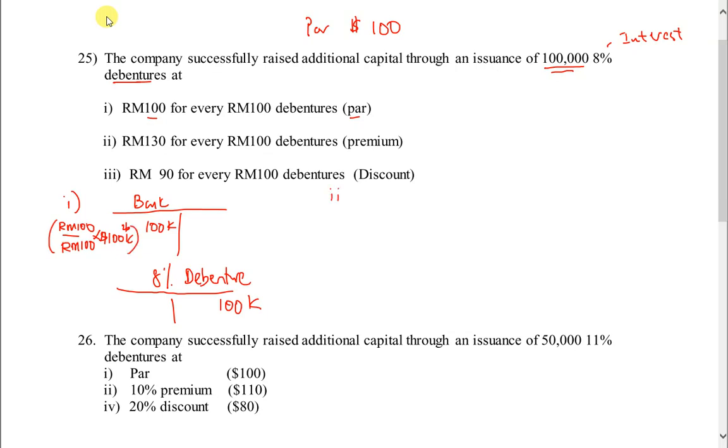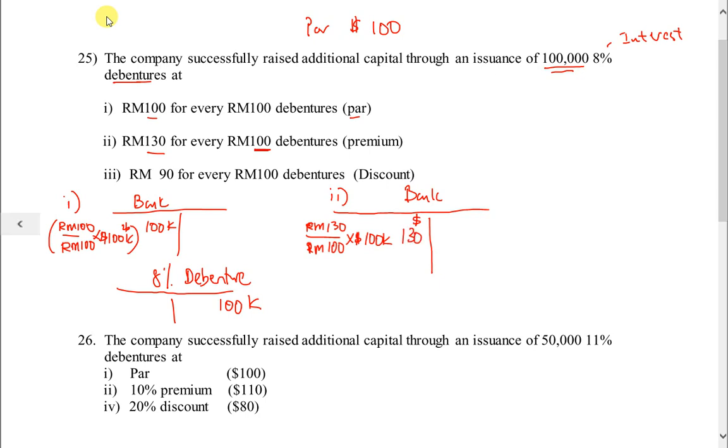Number two, the company can issue debentures at $130. The par value is 100, but for every debenture they want 130. So debit bank, $130 out of 100 times $100,000, so they're going to raise $130,000.